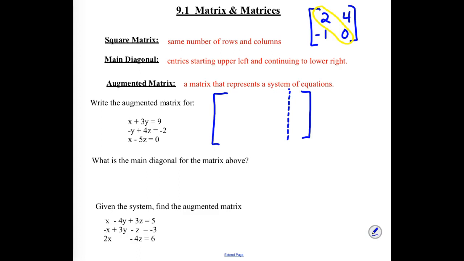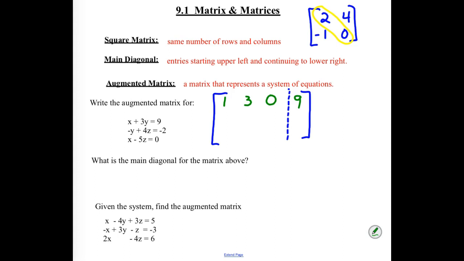So for this example, my numbers would look like this. Our coefficient for x is 1. We have a coefficient of 3 for y. In this first equation, we have no z's, so my z coefficient would be 0, and my constant would be 9.